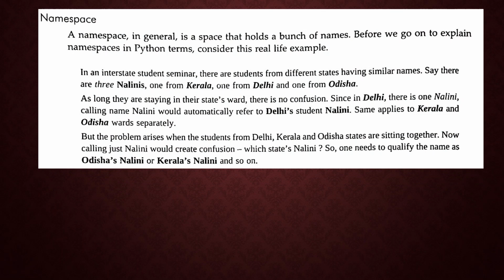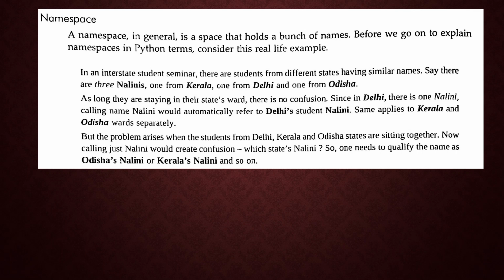As long as they are staying in their states' wards, like Kerala, Delhi, Karnataka, Odisha, there is no confusion. If that particular student is staying in the Kerala ward, we can say Kerala student. If she is in Karnataka, Karnataka student, like this. Since in Delhi there is only one Nalini, calling the name Nalini would automatically refer to Delhi's student Nalini.